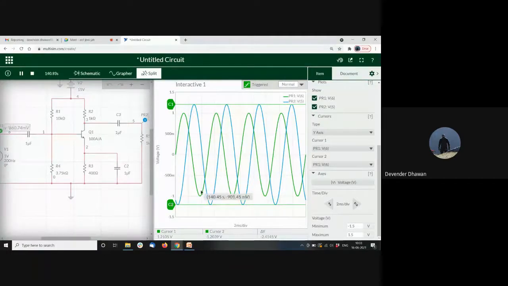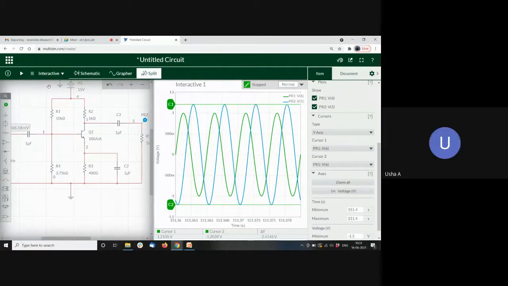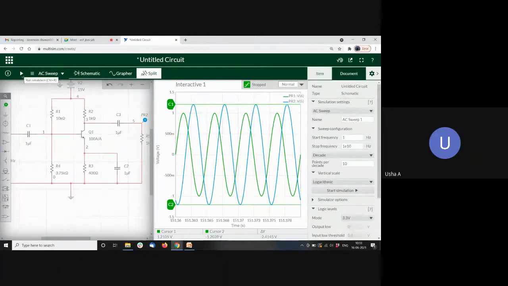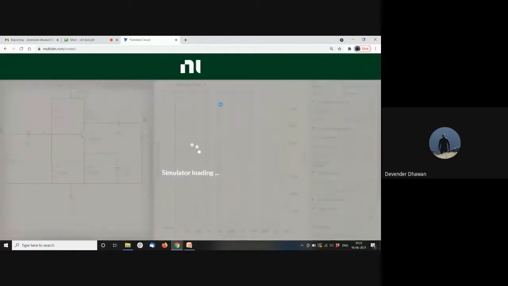Now at 200 Hertz we are getting a better amplified signal. The phase shift also, we should have 180 degrees. Yes, ma'am, but we are not getting that much. No, we are getting roughly 180, I guess. Let me just show you.